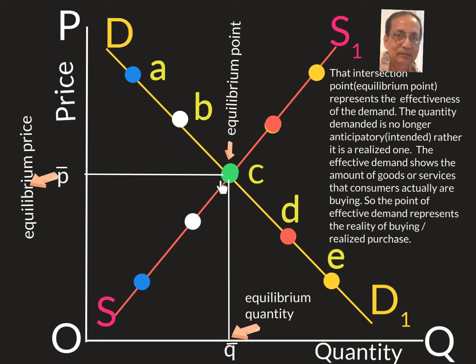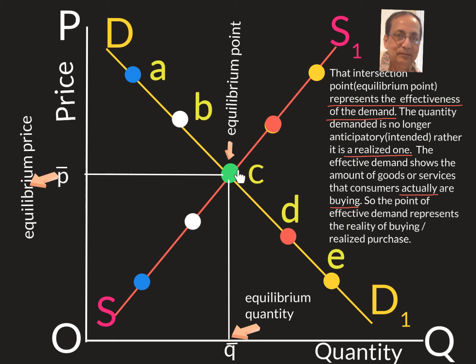The intersection point or the equilibrium point represents the effectiveness of demand. The quantity demanded is no longer intended or anticipatory, rather it is a realized one. The effective demand shows the amount of goods and services that consumers actually are buying.